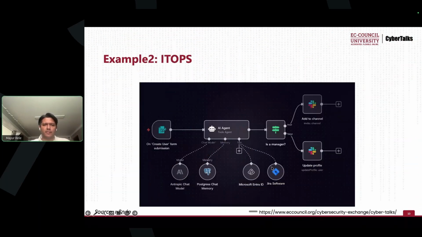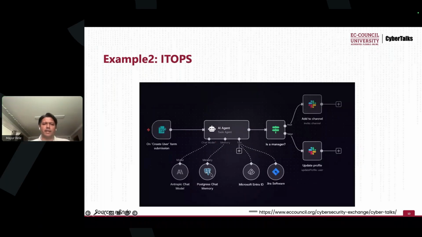So this is like a second workflow. Here you're trying to onboard a new user and add them to automated groups. You add the user information in the form. The AI agent could be anything. It could be cloud models like Opus, Haiku, ChatGPT, Gemini, anything you like. And then it will connect to the Anthropic chat model if required.